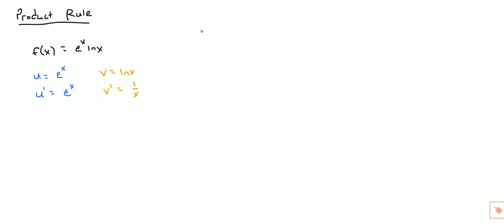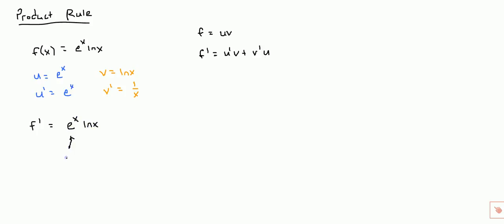Okay, so f prime is u prime v plus v prime u. So that means that f prime is going to equal e to the x ln x.